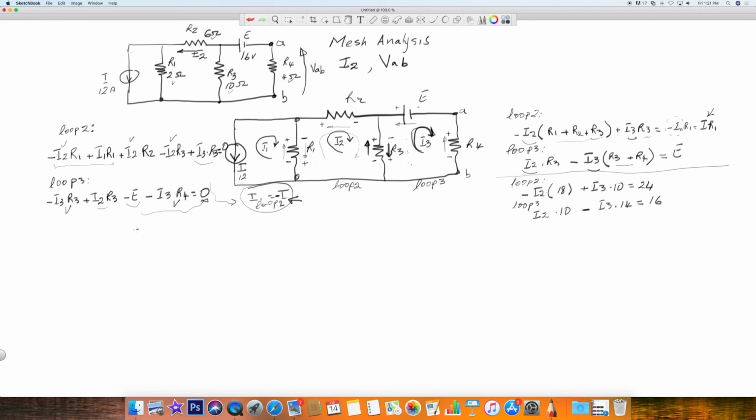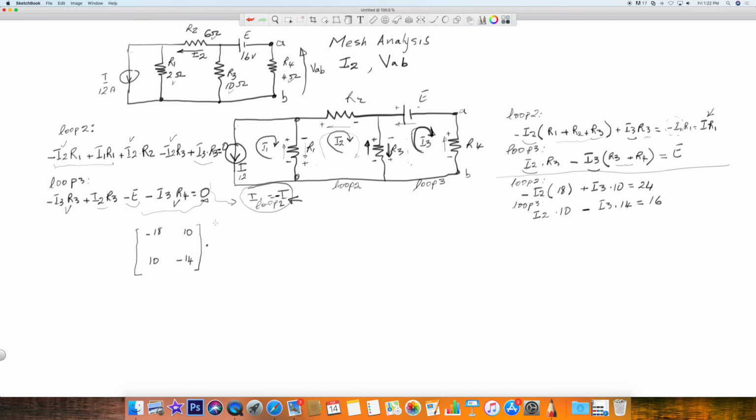So what is our system of equations going to look like, right? So what you have is something like this. Minus 18, 10, 10, and minus 14.